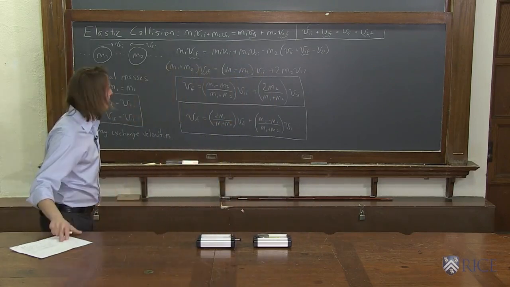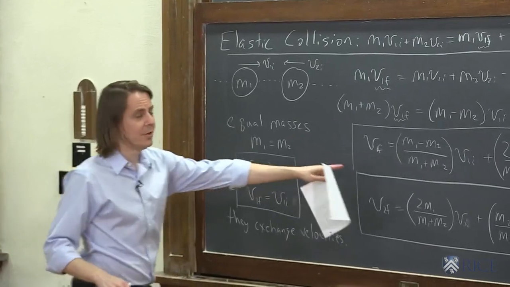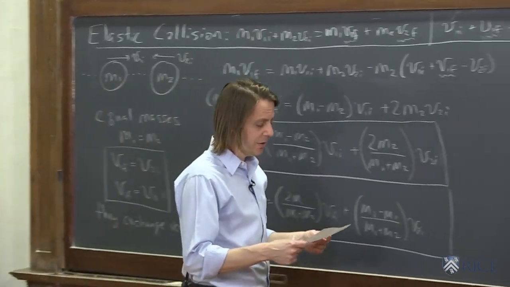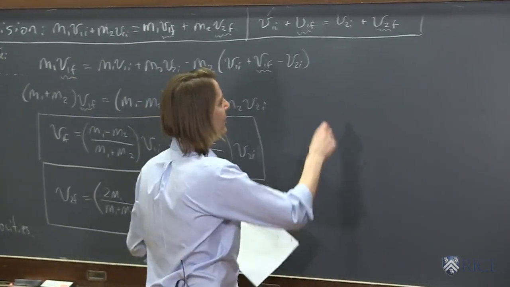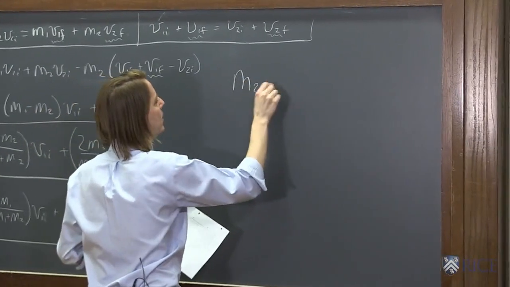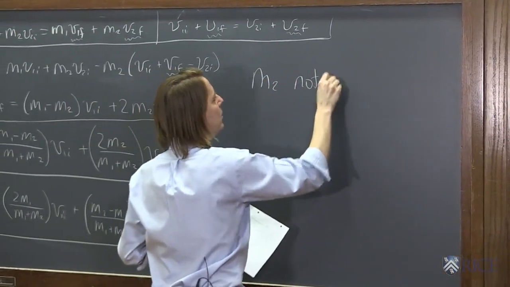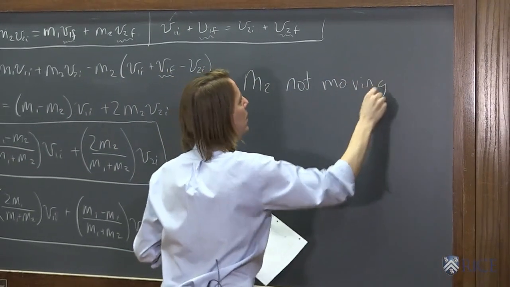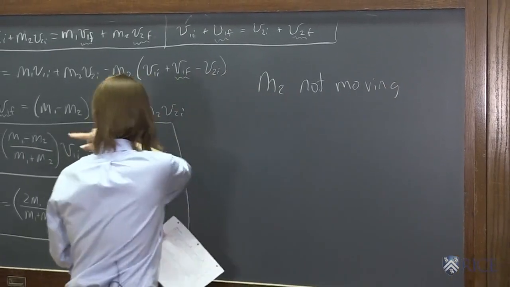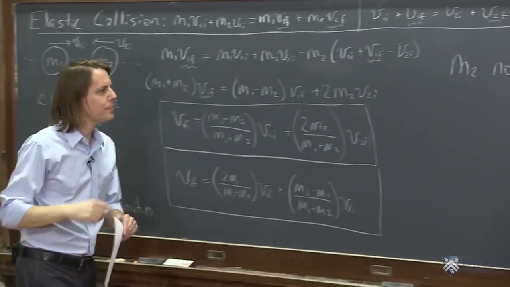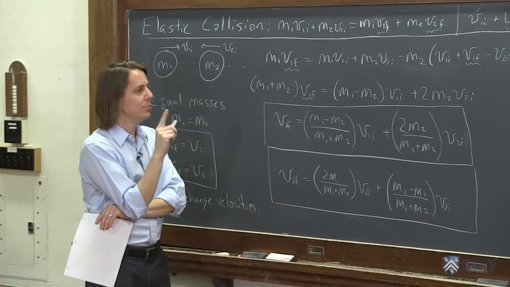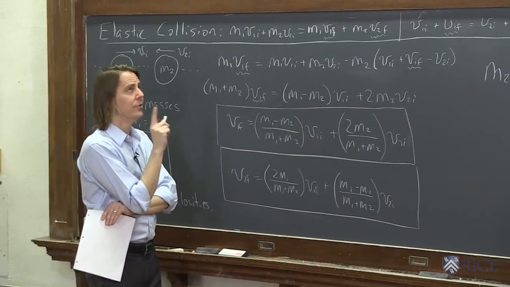Let's look at another insight that we get from these equations. What if M2 is stationary, is not moving? We did sort of one case of that here, but let's look at it more carefully. Now the masses are not necessarily equal, but M2 is not moving.